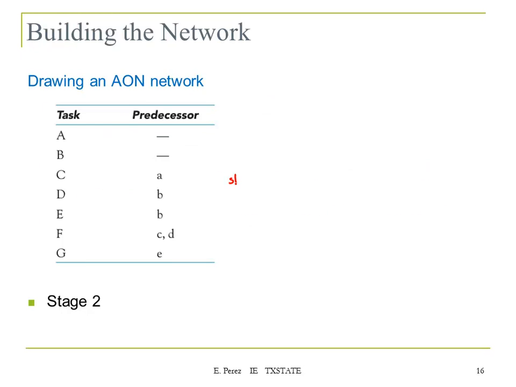So we're going to have the start node. This is A. This is B. These two are connected. Then we know that C is coming from A, and we have D and E. Yes, they're both connected to B.